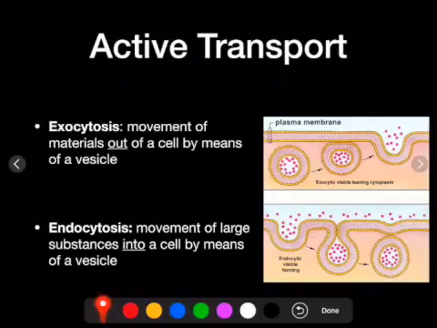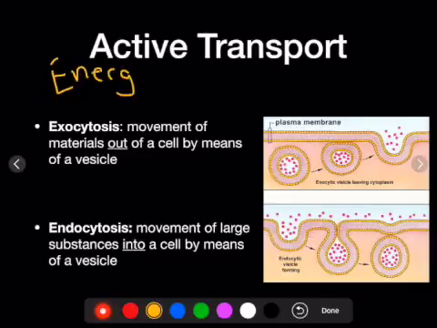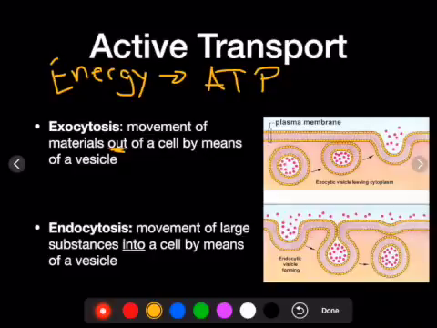Now, we need to move these molecules out or into the cell. So active transport, again, energy is needed in the form of ATP to do this. So exocytosis is the movement of materials out of the cell, and endocytosis is the movement in the cell.